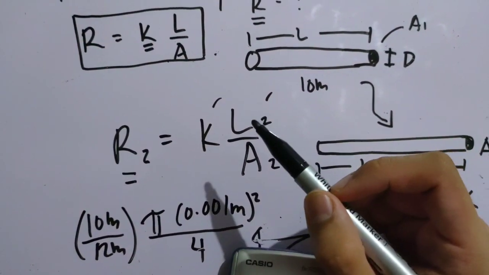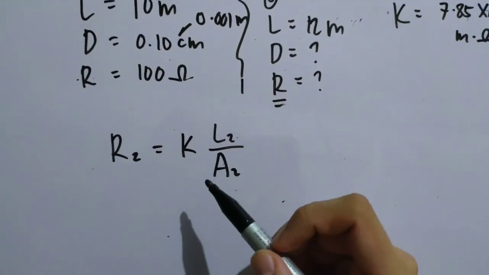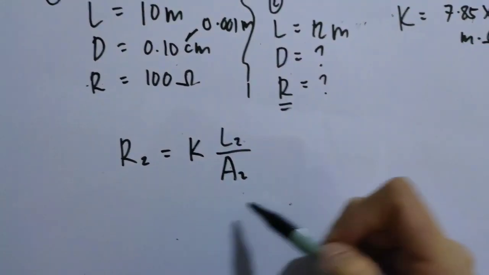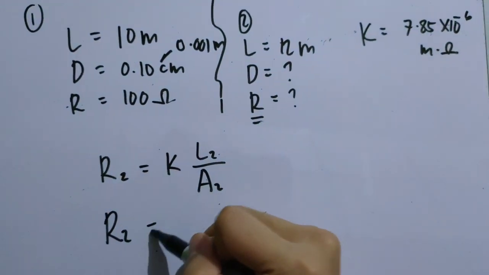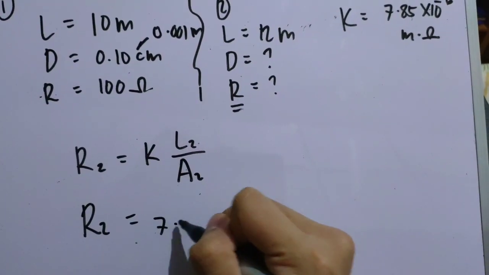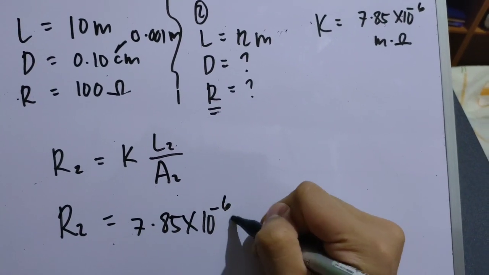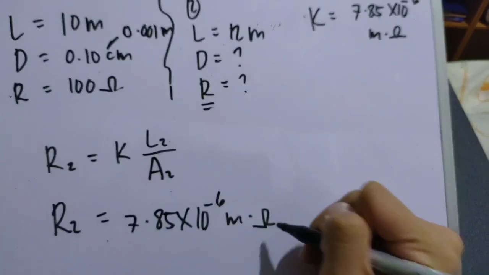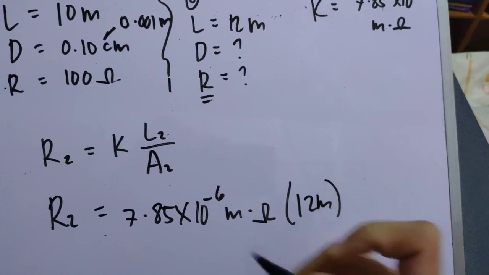So, masasolve na natin ngayon yung resistance dun sa second condition. So, mag-substitute na tayo ng mga values dito sa equation natin. So, R2 is equal to, yung K is equal to 7.85 times 10 to the negative 6 meter ohms. Tapos, yung length natin is 12 meters.